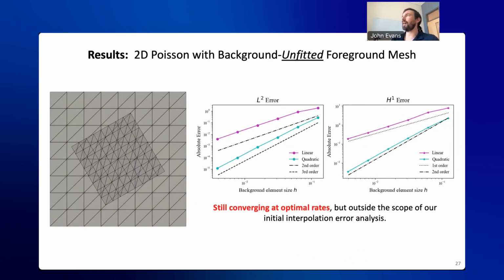This is outside of our theory, and this is certainly not something that you can utilize with classical quadrature-based immersed methods. If you use this integration mesh with the quadrature-based method, you would not get optimal error convergence whatsoever. So this is a really exciting development that tells us that we can do really wacky things with foreground mesh generation if we so choose.